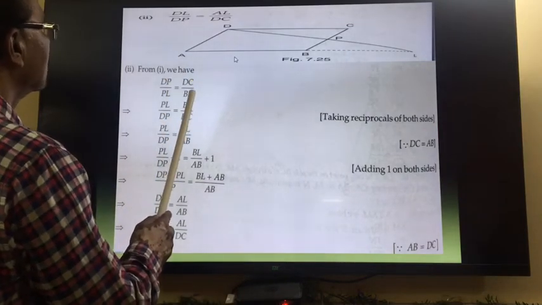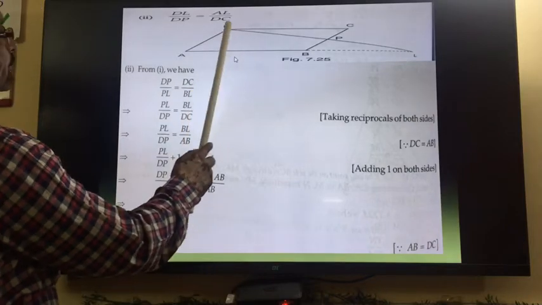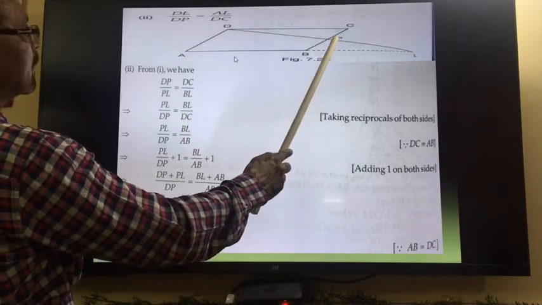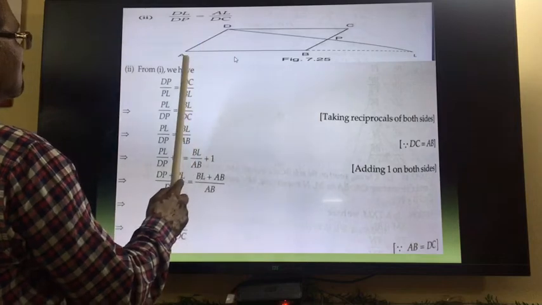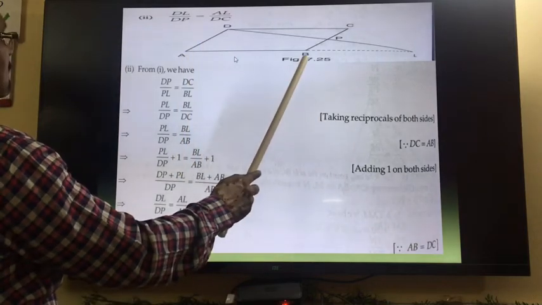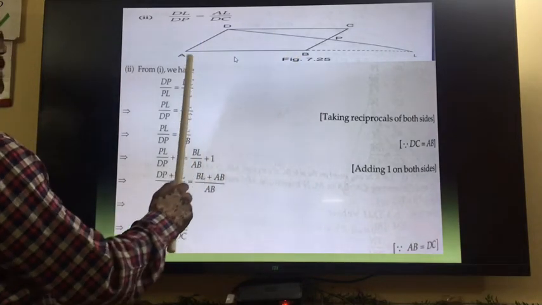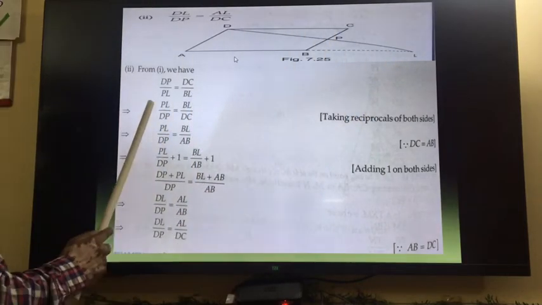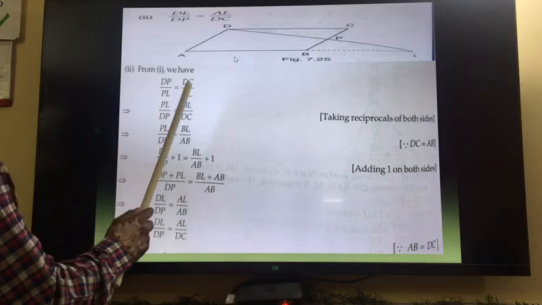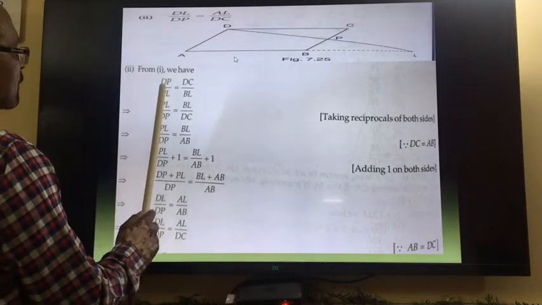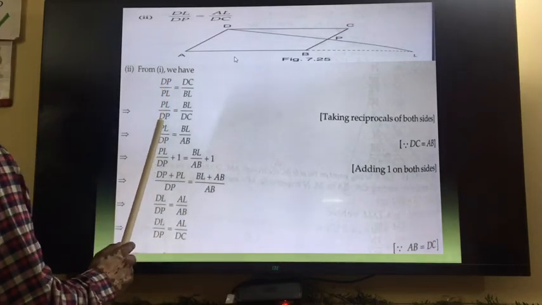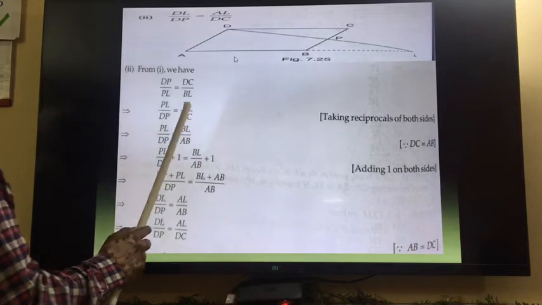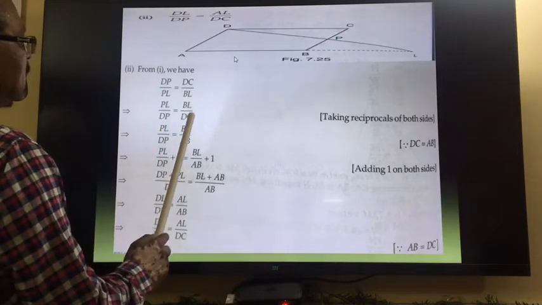We have already proved this. So what we will do here, we can write the reciprocal of this. So PL upon DP is equal to BL upon DC.